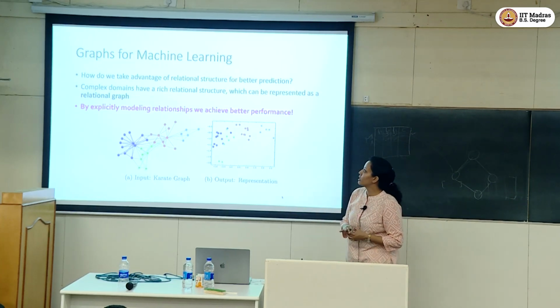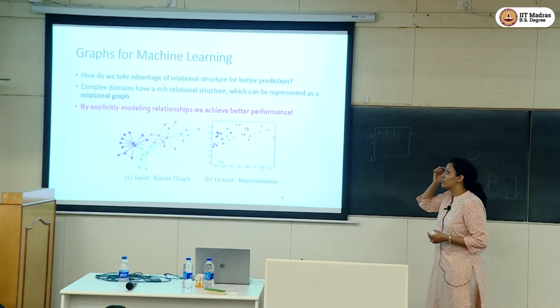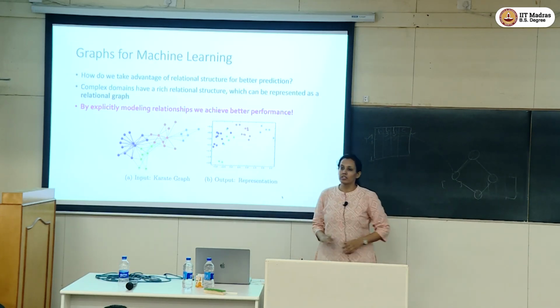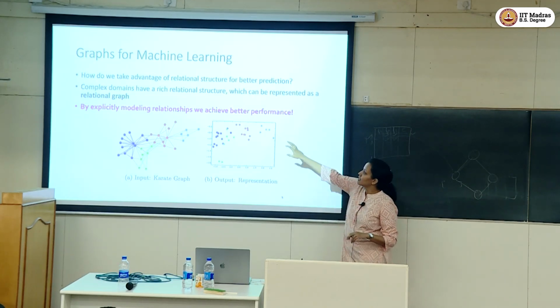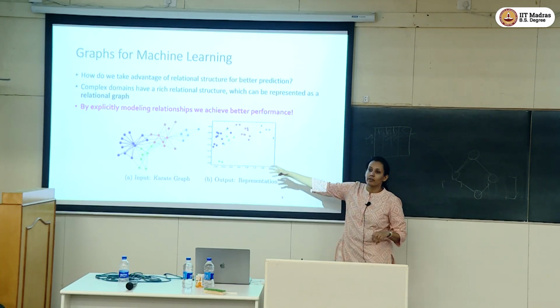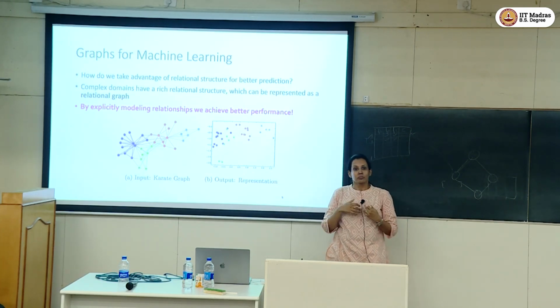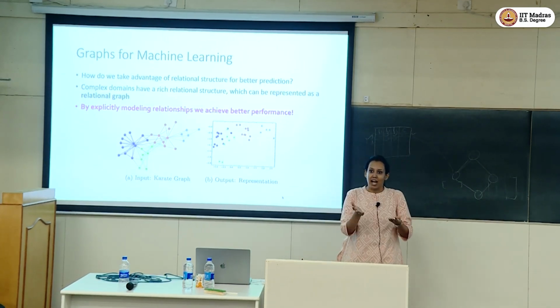How do we take advantage of relational structure for better prediction? Complex domains have a rich relational structure which can be represented as a relational graph. So the aim is the same, right? Semantically similar things are closer. The only idea is how we can leverage this graph structure, because we are not using tabular data anymore. I have been saying for the last hour that graph is better.